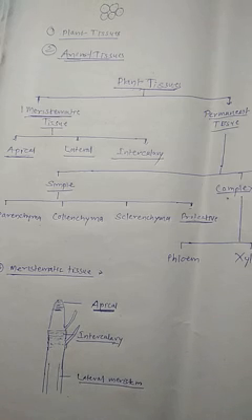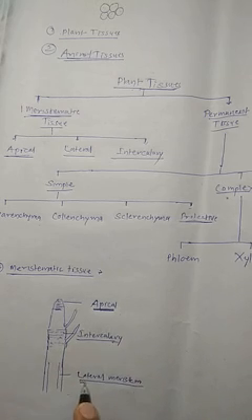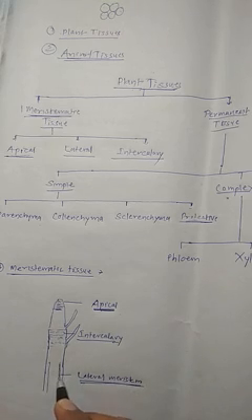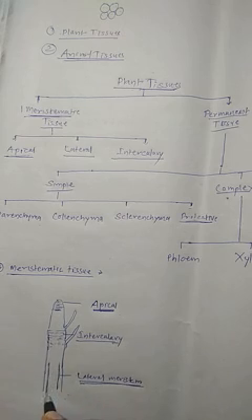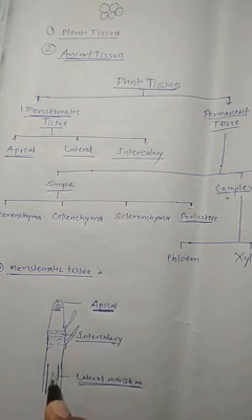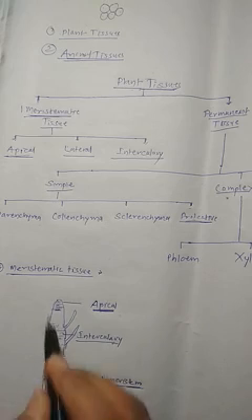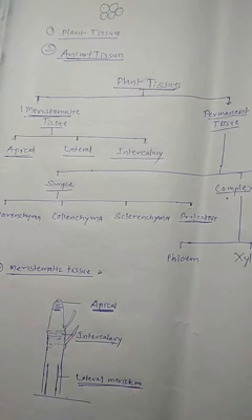We can call it meristematic tissue or meristem. What is the function? It increases the girth of the trunk. Now these are the types of meristematic tissue.